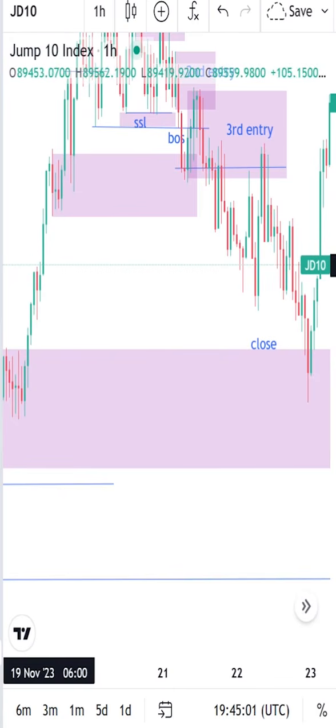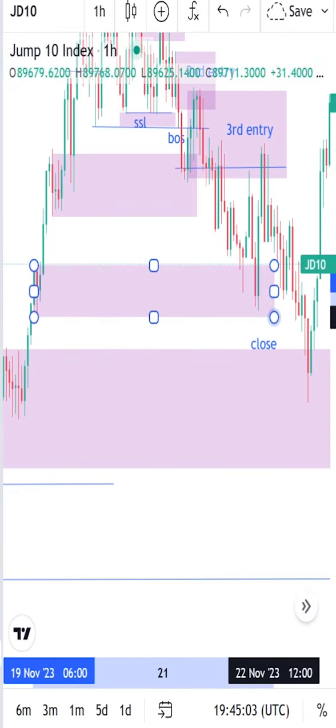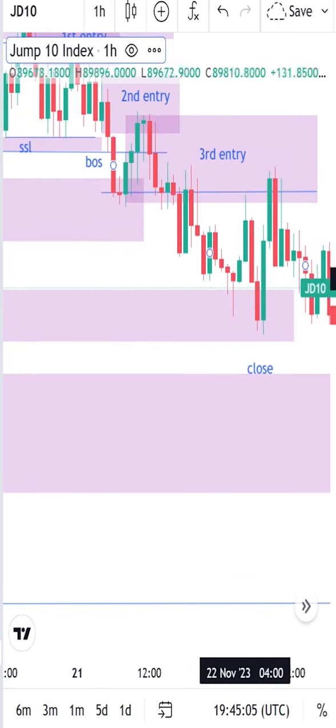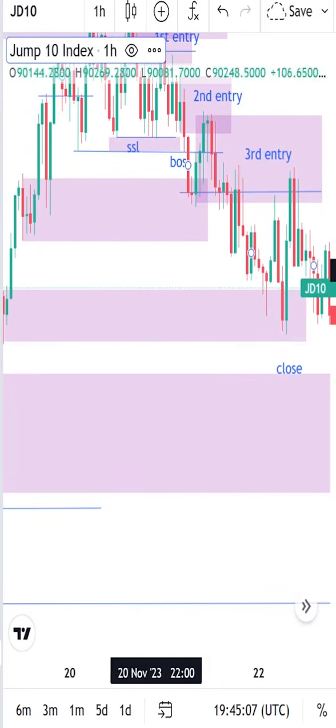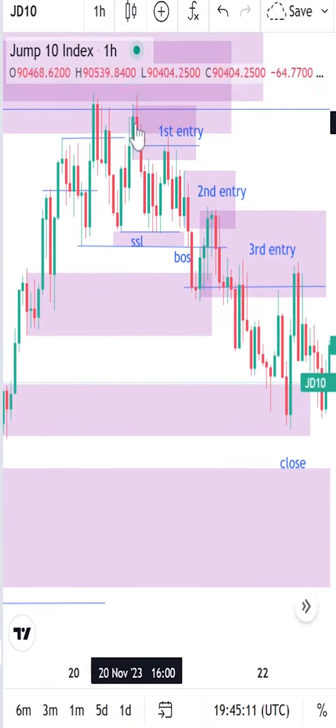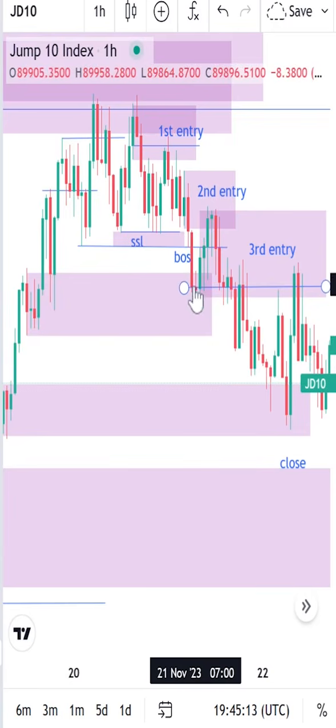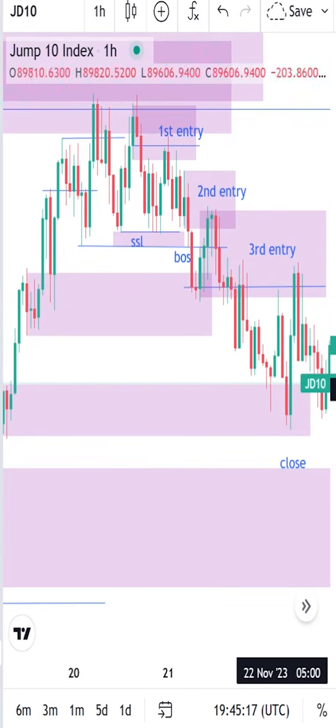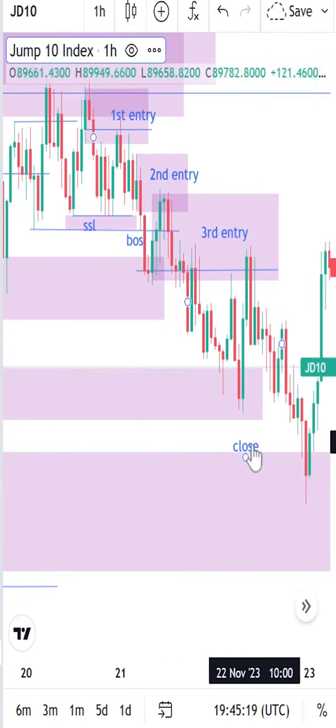You see it here, and then entered it. You see, so both of these techniques can be used. You did not close your first positions here, you added more here. You did not close them here, you added them here, and then you ended up closing where?